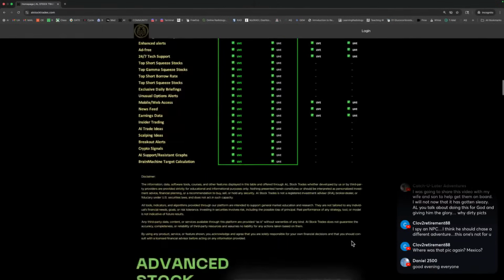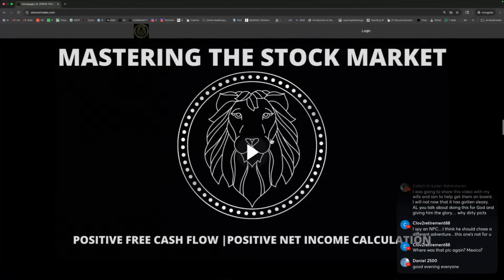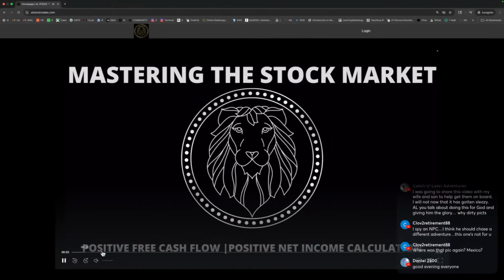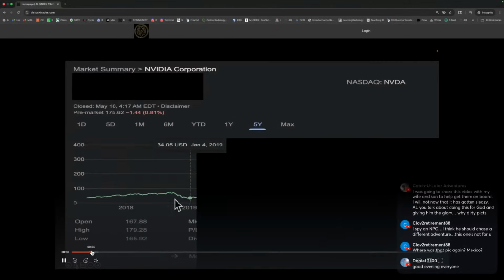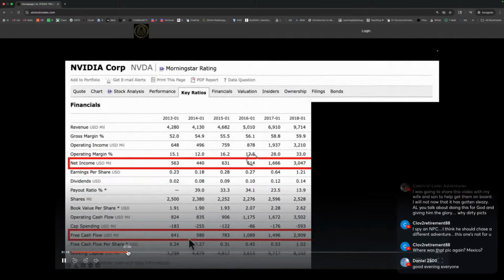But just for purposes of education, here's one of the educational examples. I'm gonna mute it. We were talking about NVIDIA. We were given an example of NVIDIA. Let me just show you the thing. We were projecting, this is from the old intrinsic value calculation.